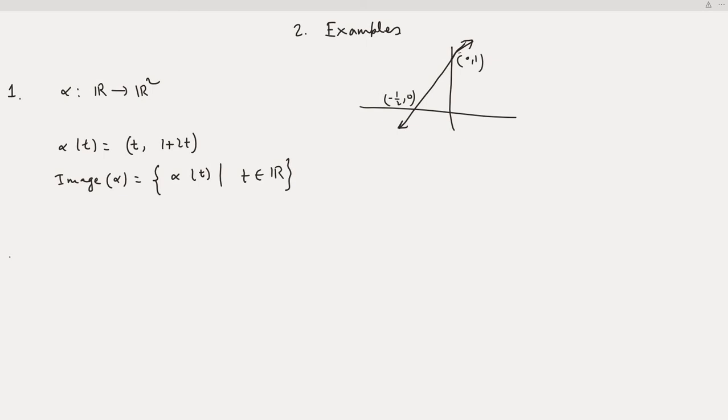And second example: alpha of t equals (t, t squared) for all t belonging to R, and this is a parabola.